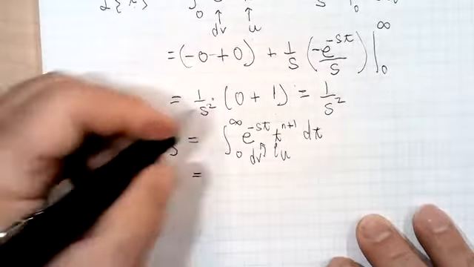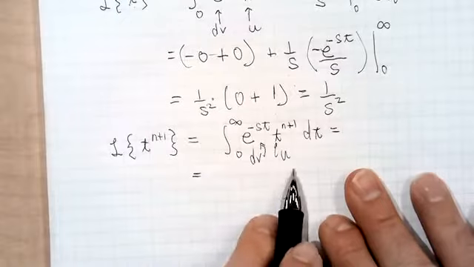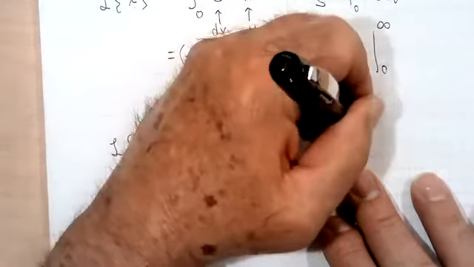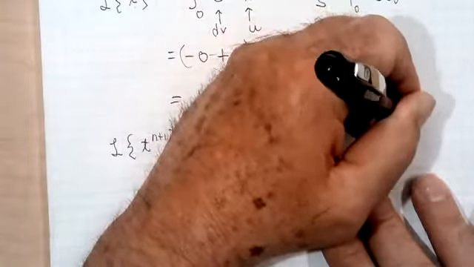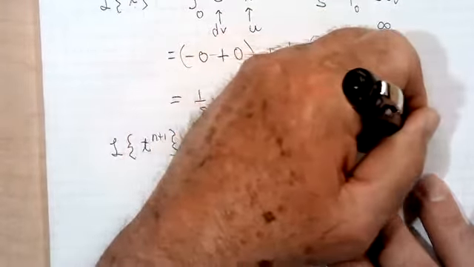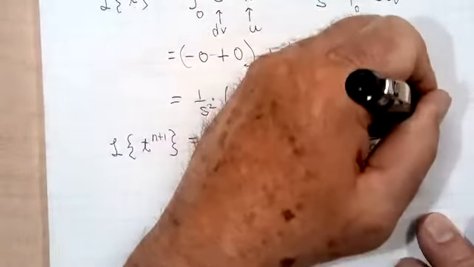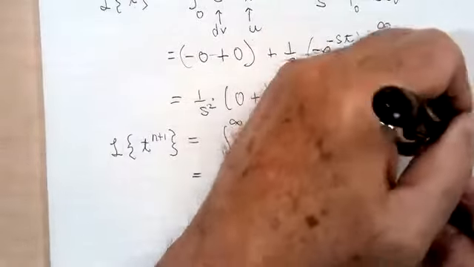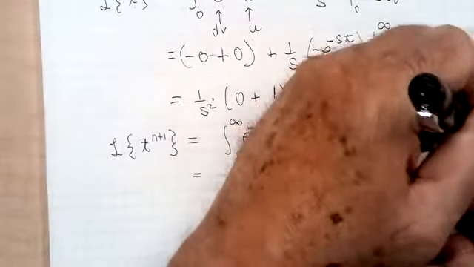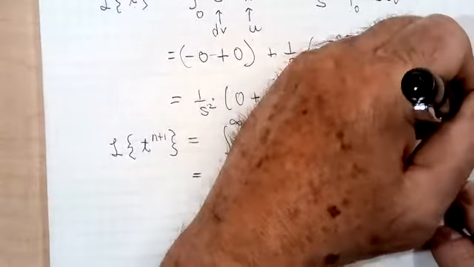So the antiderivative is uv, so t to the n plus 1, e to the minus st, and then you divide by a minus s, you get that on the interval from 0 to infinity. And then minus the antiderivative. Well, we know this much is coming, e to the minus st from 0 to infinity.